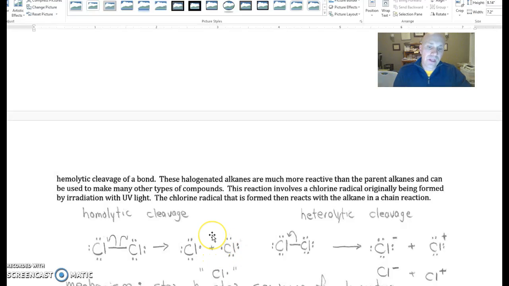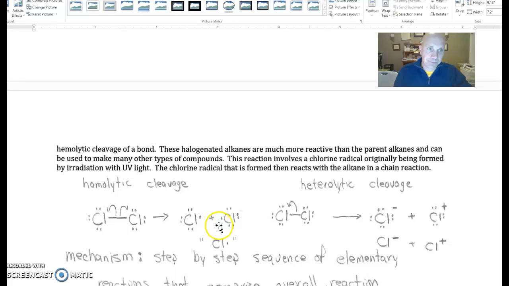One thing I'm going to point out is that when you do these arrow pushing steps, a lot of times people are going to take some shortcuts. Not necessarily shortcuts, but you get to the point where you assume that the person looking at it knows what you mean. When I showed this right here, notice that there's one unpaired electron, and a lot of times you're going to see people represent this just like this.